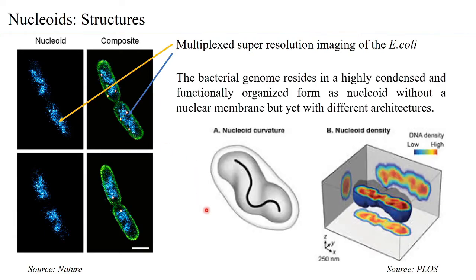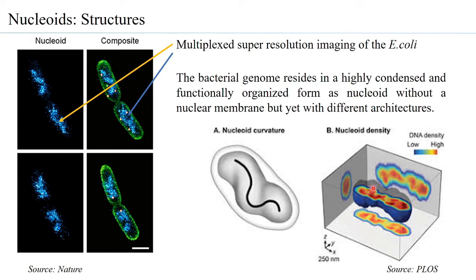What is also observed from several studies is that the nucleoid itself has an architecture. That means there is a slight curvature in the nucleoid. In this dividing cell, you will find the DNA present in high density in certain regions and low density in certain regions.